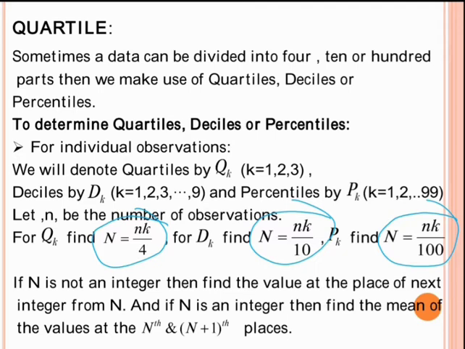And if N is an integer, then find the mean of the values at the Nth and N plus 1th places. That is, if we get 3, 4, 5, then we have to take the mean of the Nth and N plus 1th places, the average of these two values.